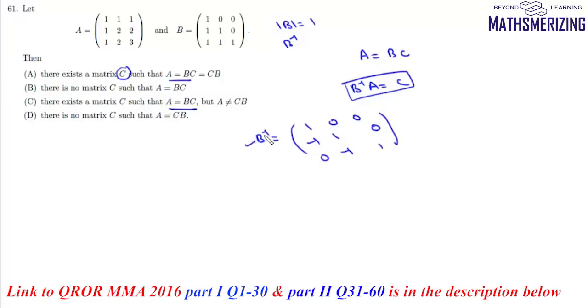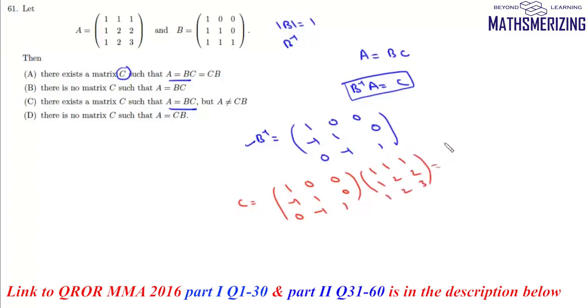Now once we have B inverse, we can find C. We can write C as 1 0 0, minus 1 1 0, 0 minus 1 1, and then we'll multiply it with A, which is 1 1 1, 1 2 2 and 1 2 3.